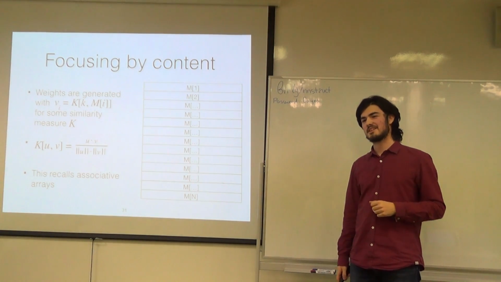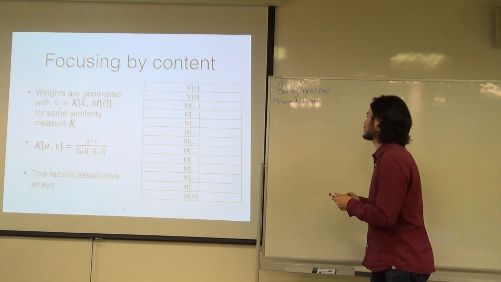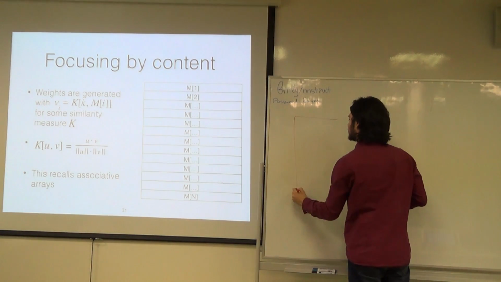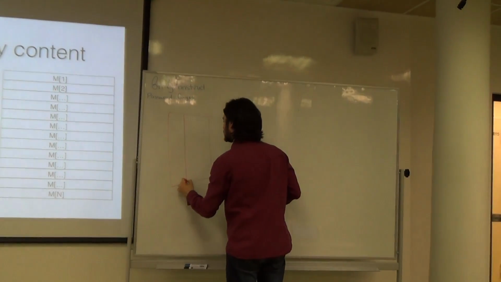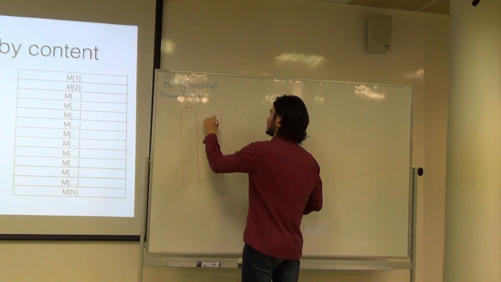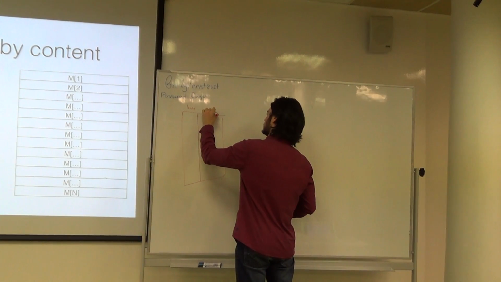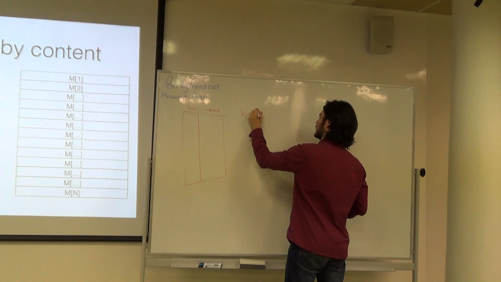told us about. Okay, so let me draw this. So this is our memory. For example, we would like to use this part as the key and this one is the value. Right. And the vector key would be something like this.